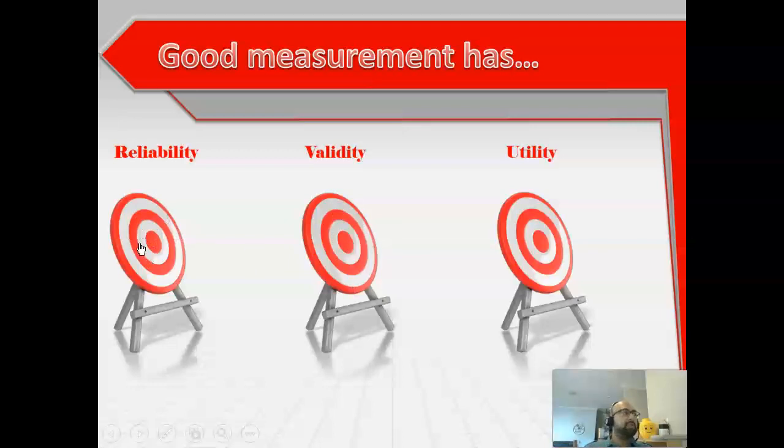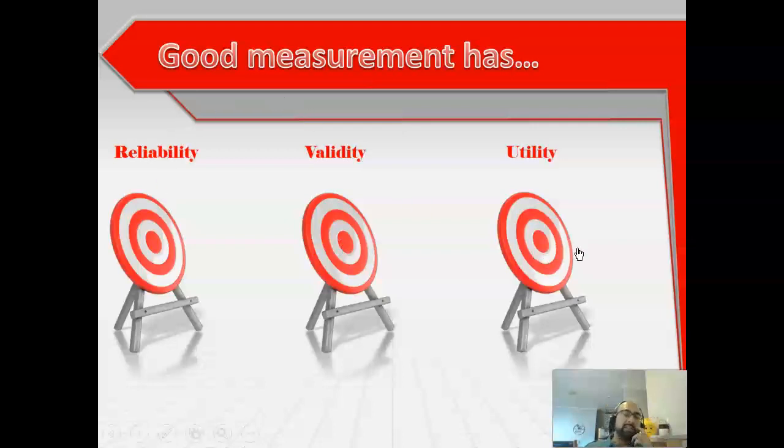So reliability is about random noise that makes the measurement very crude and imprecise, unable to really get at a precise understanding of the true ability of the job candidate. With validity, a measure that lacks validity is going to systematically inflate scores for some people and deflate scores for others. So it's creating bias.